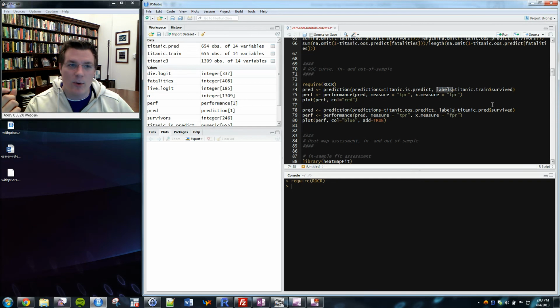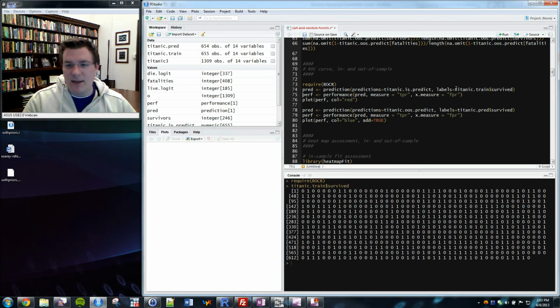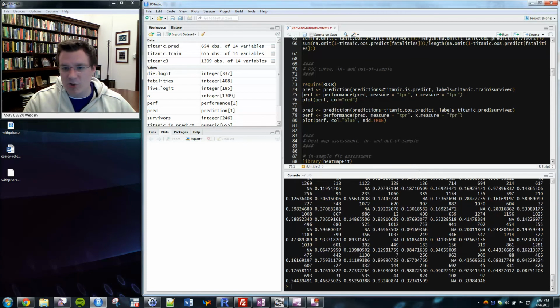And you also tell it what the right answers are. So this is the labels, it just corresponds to what Y actually was in this data set. So Titanic train survived is just a list of who all survived in the training data set. And my predictions are just corresponding probabilities of survival for each one of the passengers in the training data set.